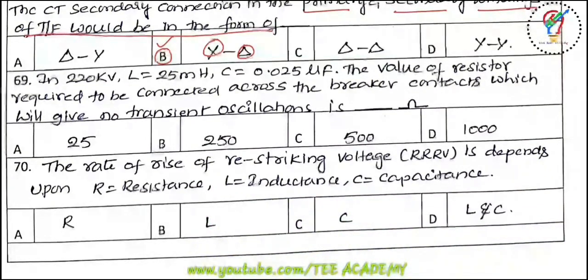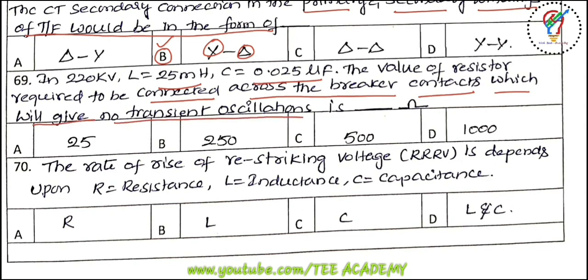Next one, the 69th question here. In a 200 kV system, L is equal to 25 millihenry, C is equal to 0.025 microfarads. The value of the resistor required to be connected across the breaker contacts, which will give no transient oscillations, is, so R is equal to 0.5 into square root of L by C, is the right answer.